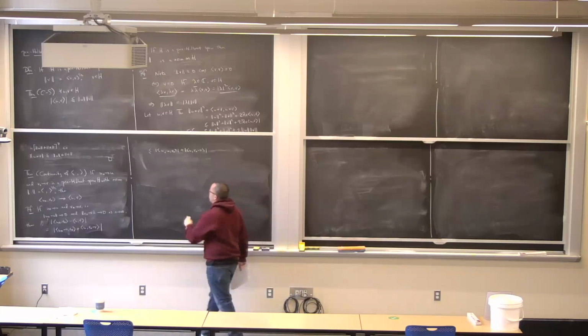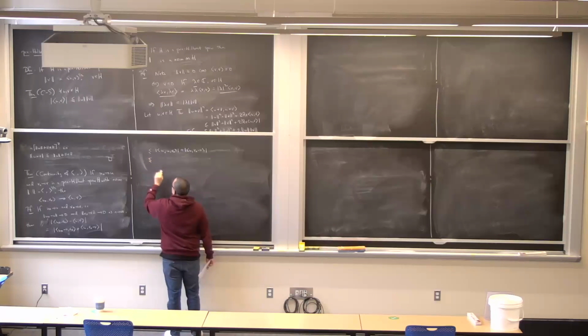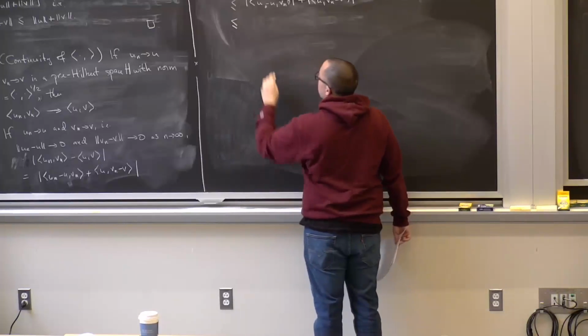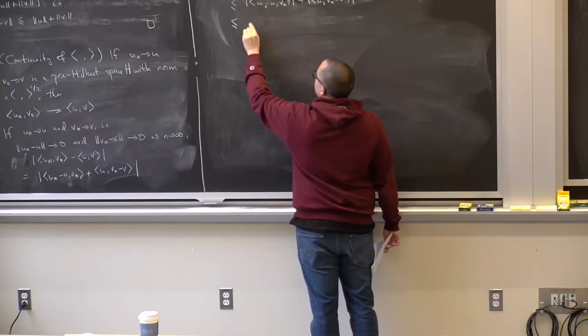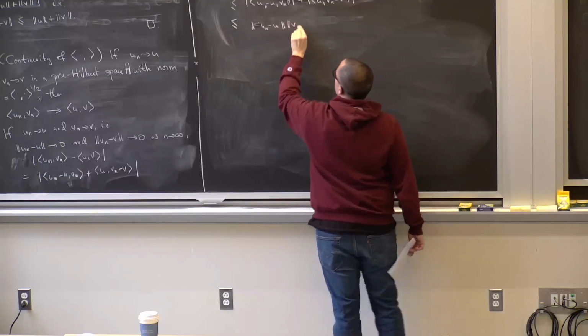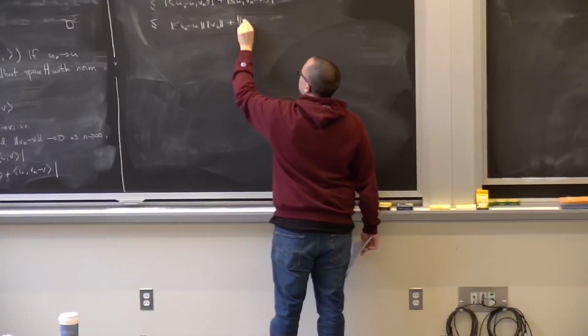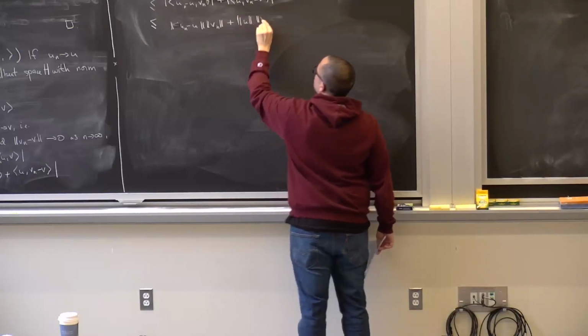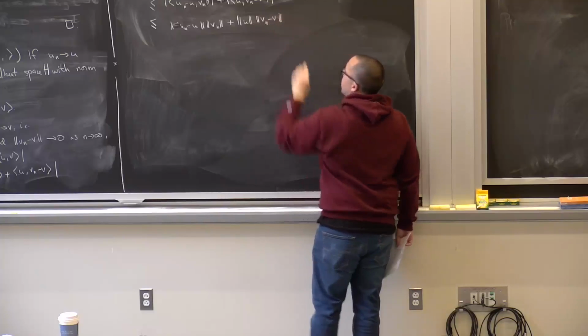Okay? And this is less than or equal to, by the Cauchy-Schwarz inequality, the norm of u_n minus u times the norm of v_n plus the norm of u times the norm of v_n minus v.